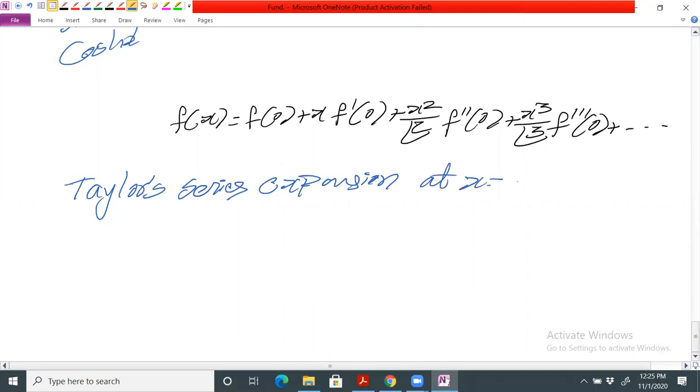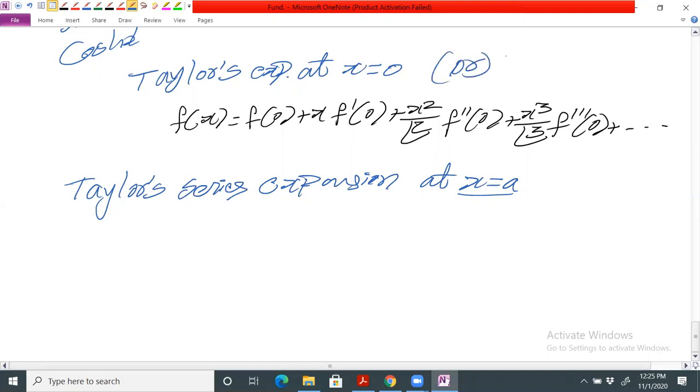Whenever they mention at x equals to a, but this is at x equals to 0. Taylor series expansion at x equals to 0, or another name, we can call it Maclaurin's expansion. Both are the same.